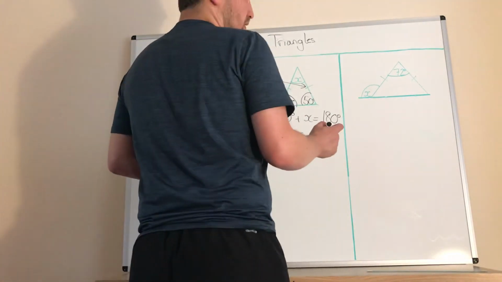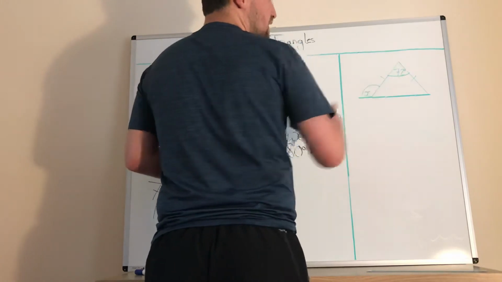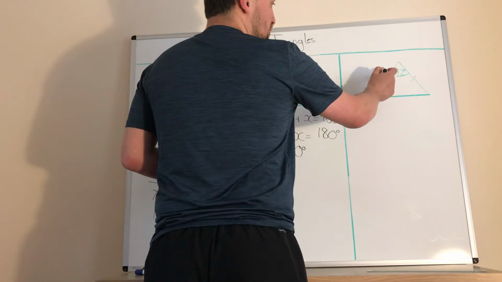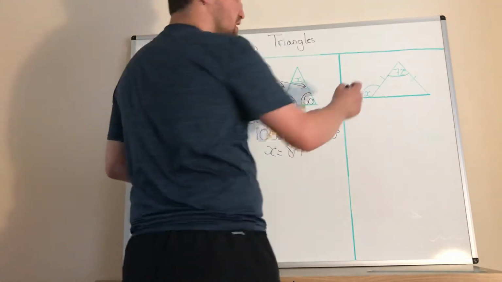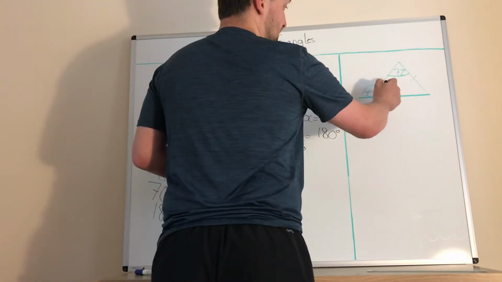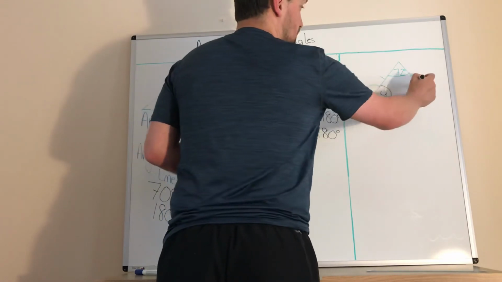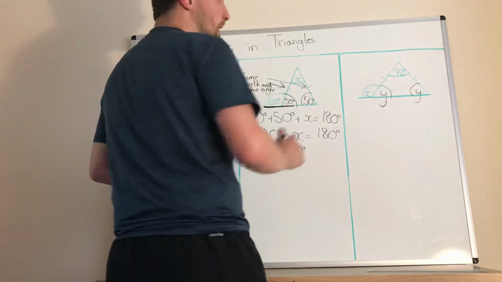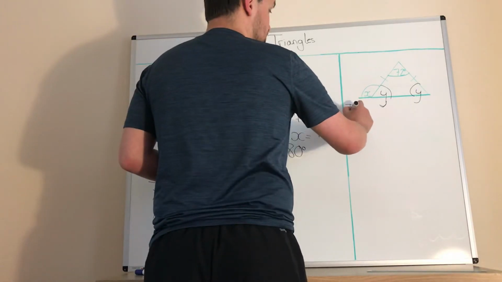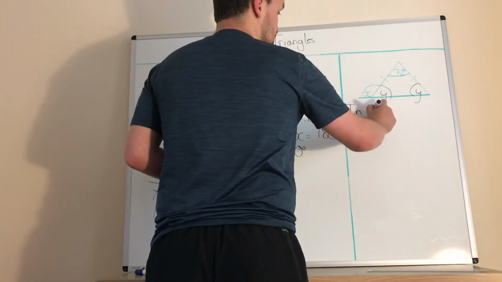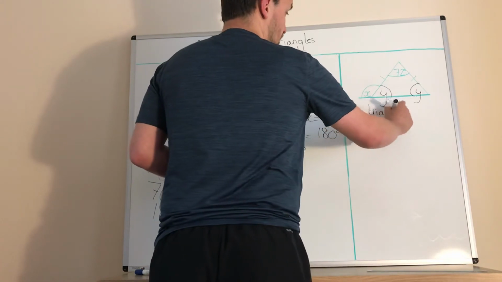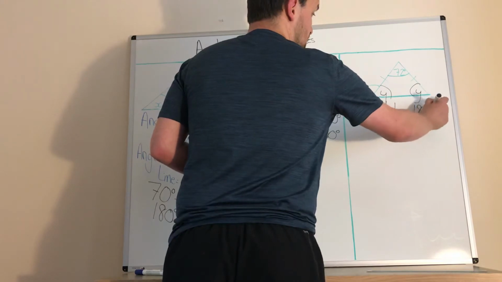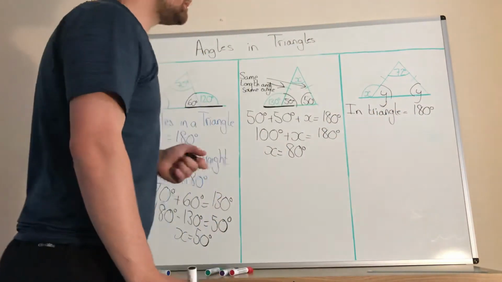Last one then. We've got 72 degrees at the top of the triangle. Again, we've got these two lines here. The lines tell us that these two angles in here, I'm going to call them y and y, are exactly the same. Inside a triangle, the angles equal 180 degrees.